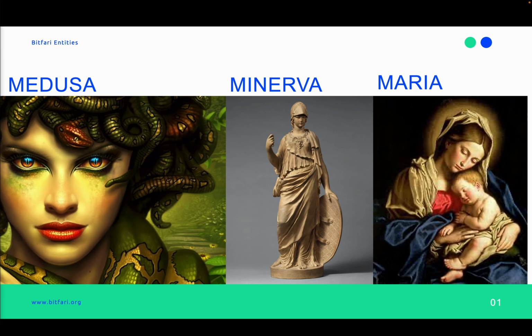The three biggest components of the Fari chain blockchain are Medusa, Minerva, and Maria. These are three components that allow us to show good ads, contextualized ads, audited ads, and ads of a very high quality at scale. So let's start with Medusa.